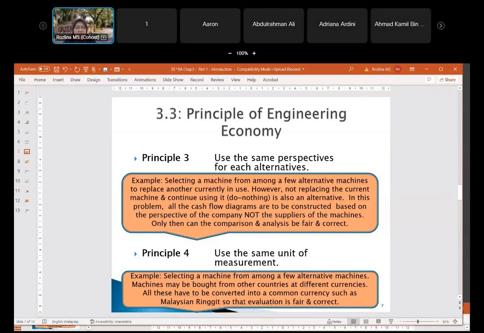This is only common sense, because you want to compare the same unit. So if you want to compare the same unit, that means you have to convert. If this one is about the currency, you have to make sure the currency is converted to the Malaysian ringgit. That's the explanation.